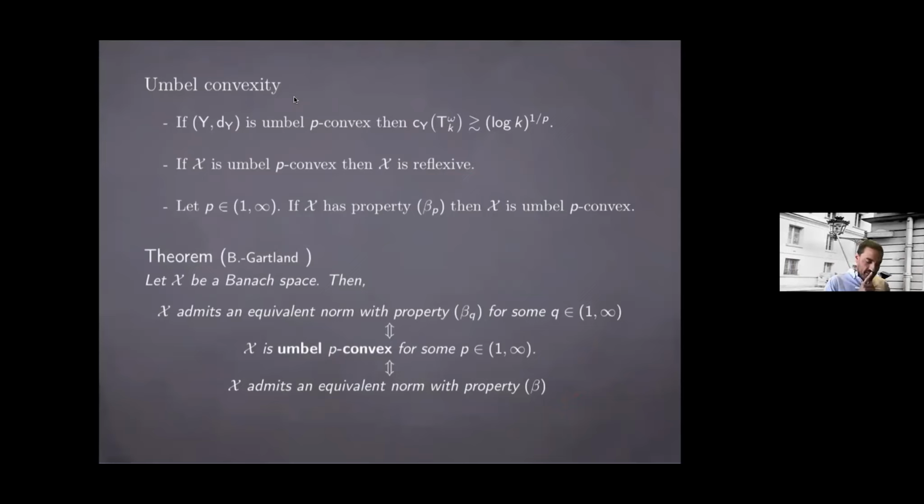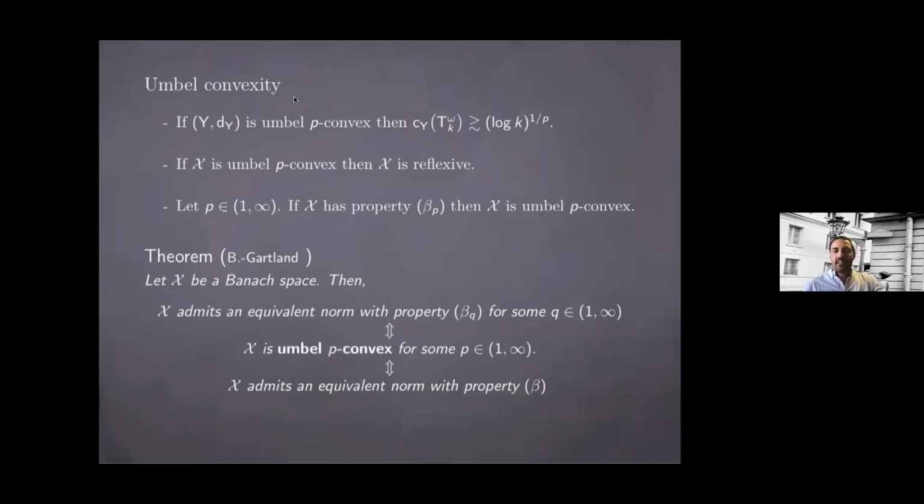Now, there is a burning question here, probably. So I said, when you go in this direction, you can take p equals q. Now here, the equivalence only tells you that if X is Umbel p-convex, then there is some q such that your Banach space has property beta q.